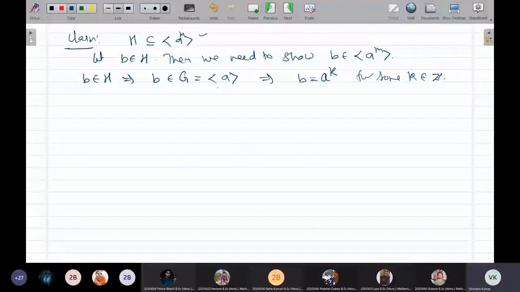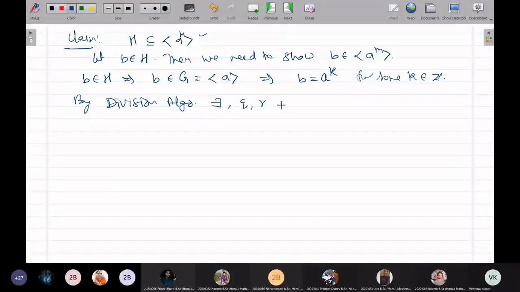Fine, because G is generated by the element A. Okay, so by the division algorithm, there exist Q and R belonging to the set of integers such that K equals MQ plus R.